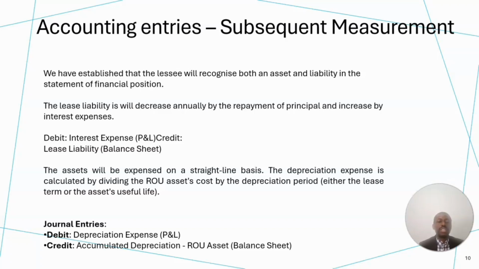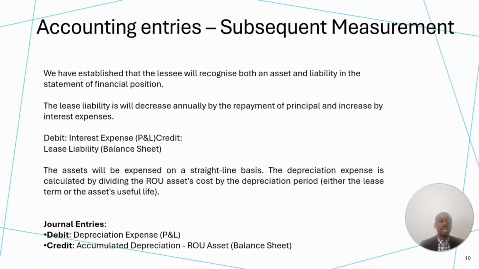So if the lease liability is 5 million, as I said earlier on, if there were no payments before commencement, that means every year it will be reducing by the present value, let's just say 1 million every year. So at the end of the 5th year, it will become 0. But that 5 million will be discounted to present value, don't forget. And the interest will be expensed through the profit or loss account, while the liability will be reducing at the end of every year.